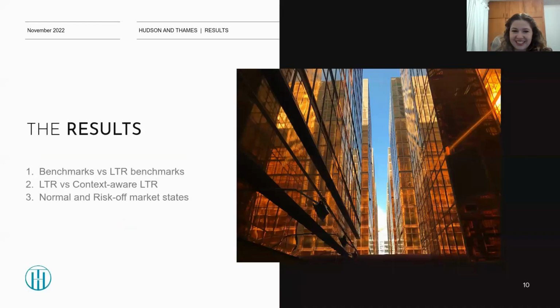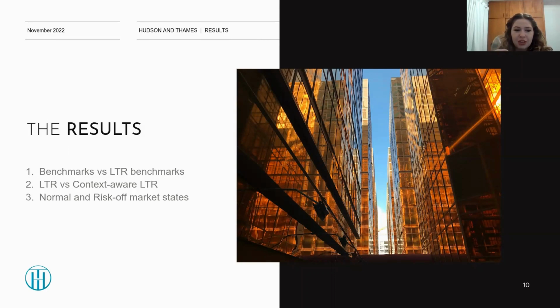Awesome. Okay, cool. So now we get to the fun part, the results. As I said before, we're going to take some of the benchmarks that we know, a multi-layer perceptron and randomly choosing assets to long and short, and there's also a last one I'll get to. We'll compare that to our learning to rank benchmarks and see who outperforms whom.